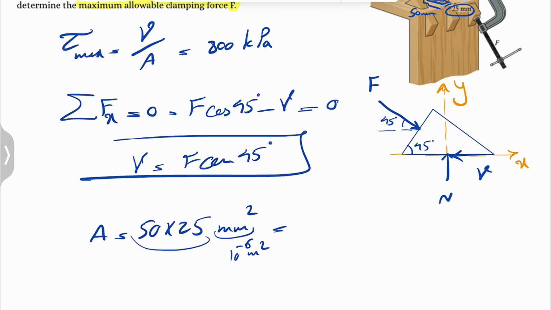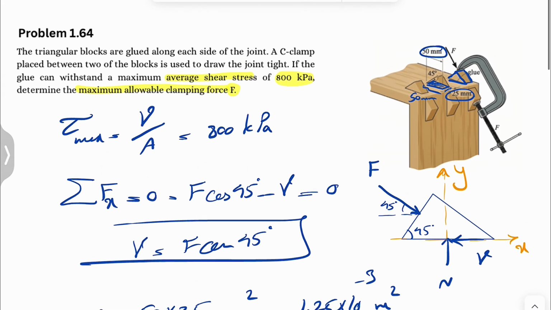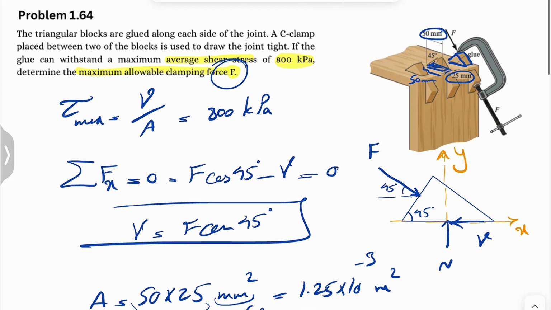So this is going to be 1250, and we can report this as 1.25 times 10 to the minus 3 meters squared.